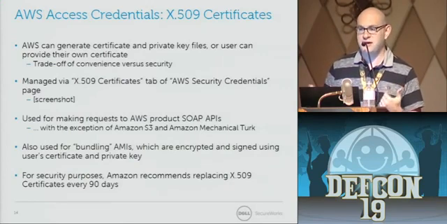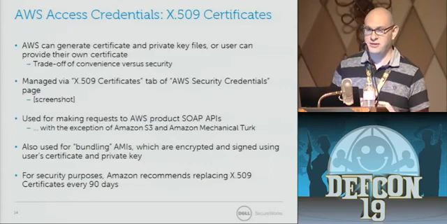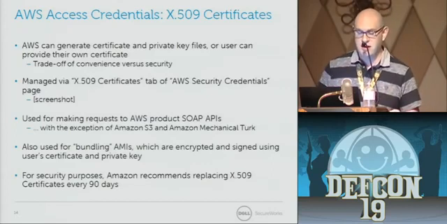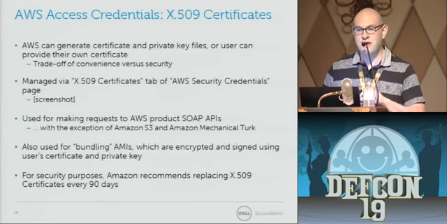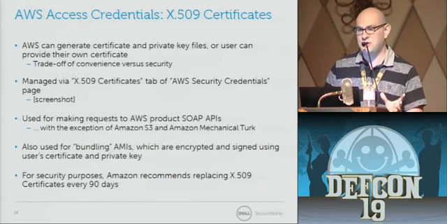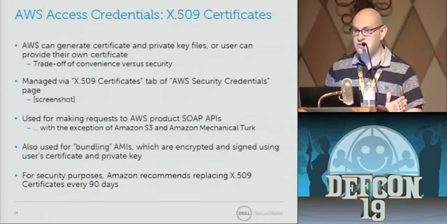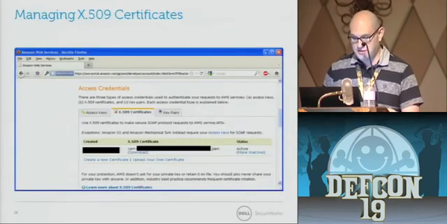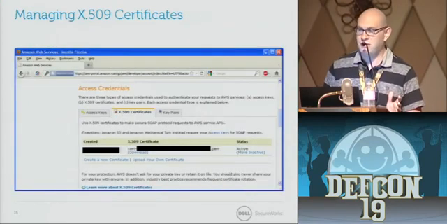It's obviously recommended that you probably want to generate your secret key yourself and then provide it up to Amazon. Use it to bundle your AMIs. It cryptographically signs and encrypts AMIs that are private, or just cryptographically signs the machine images that you're going to make public. Again, Amazon's recommendation, rotate these things every 90 days. So go issue a new certificate and private key at least every 90 days for your infrastructure. Another screenshot here.